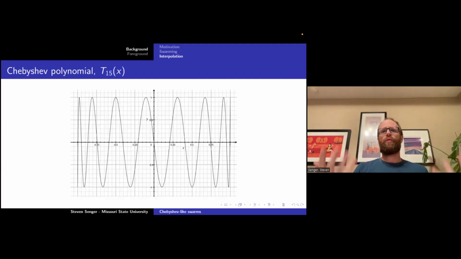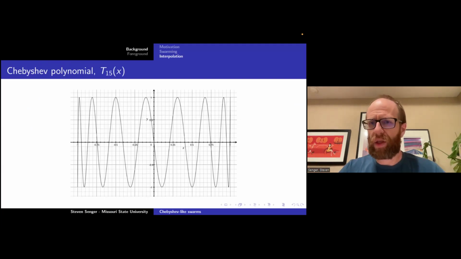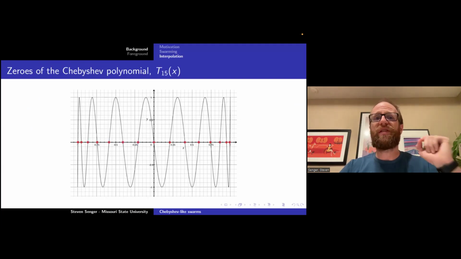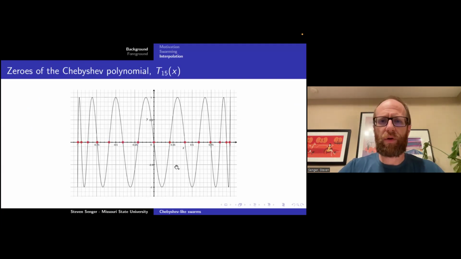Okay, so here is a picture of a Chebyshev polynomial. I picked the 15th Chebyshev polynomial, plotted it between plus and minus 1. Okay, you got a wiggly line. What do I care about with this wiggly line? Let's look at the zeros of this Chebyshev polynomial. And I want you to appreciate they are clumped up near the edges, but then they spread out towards the middle.